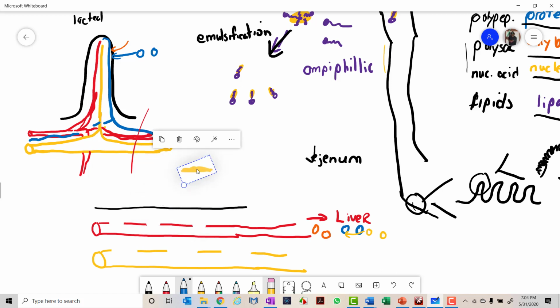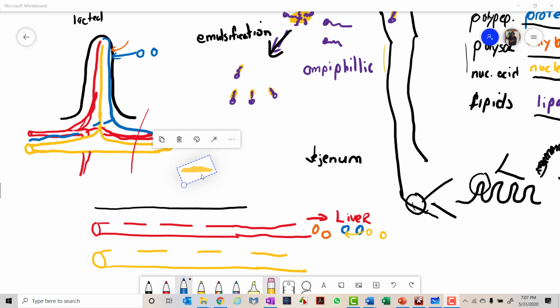So what needs to happen is this fat needs to be packaged up in a very special way. It gets packaged up by these special proteins, these lipoproteins, into something called a chylomicron.